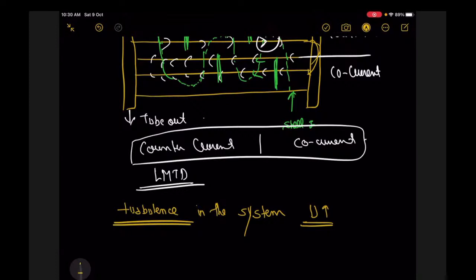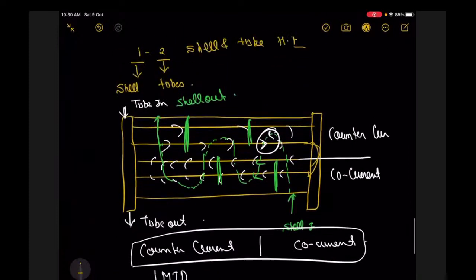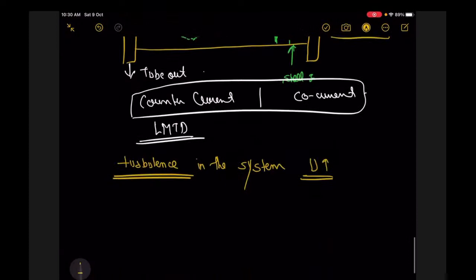Got this point? Means what is the disadvantage of multipass? That co-current is happening in the system. Right? Co-current. But what is the advantage? More turbulence and U is more. So this is the dominating factor here.